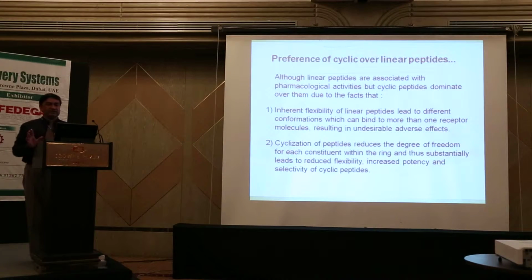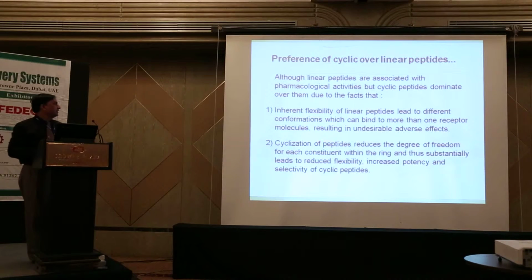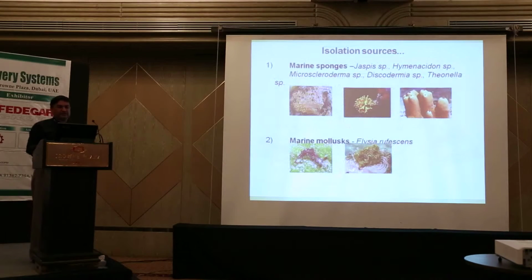One lock, one key easily opening, means one receptor, one attachment, proper biological response. Otherwise there will be variable response. Another factor is that cyclization of a peptide reduces the degree of freedom for each constituent within the ring, and thus leads to reduced flexibility, increased potency and selectivity of the cyclic peptides.